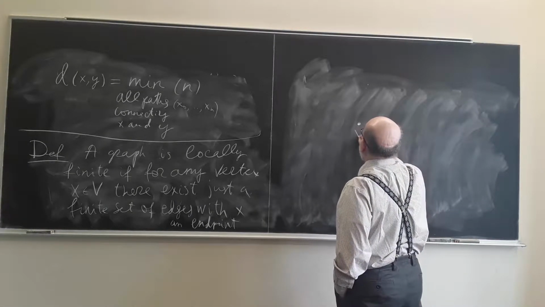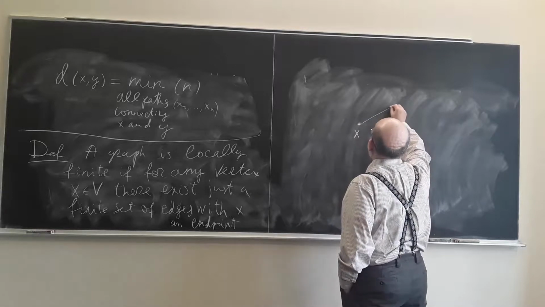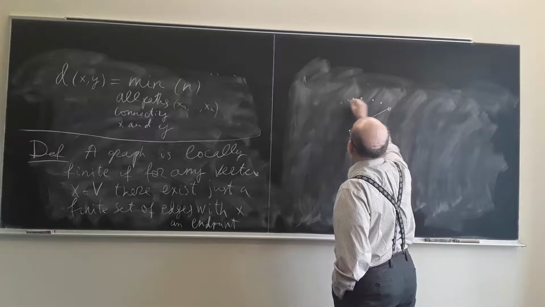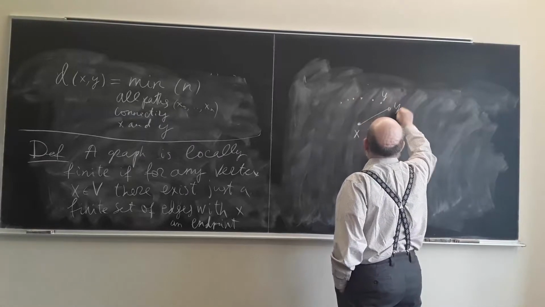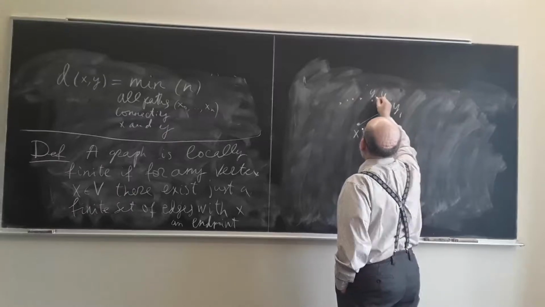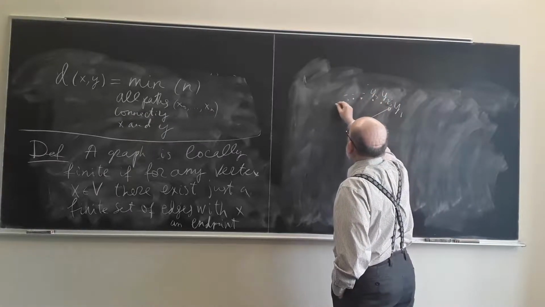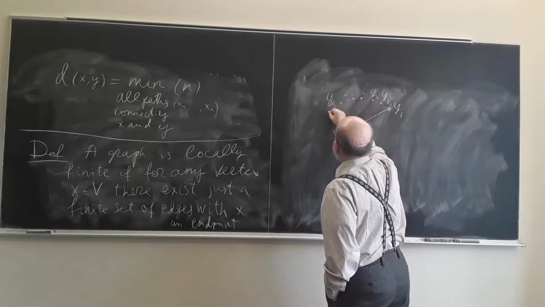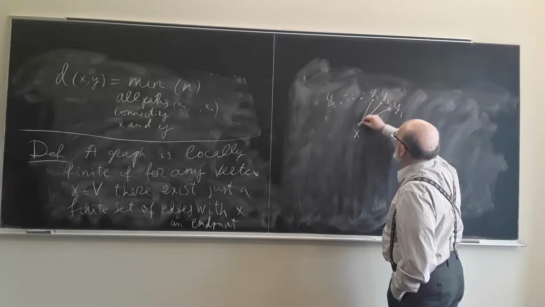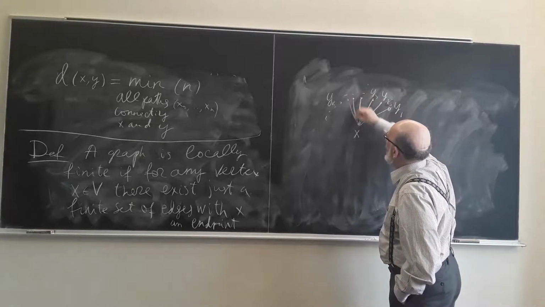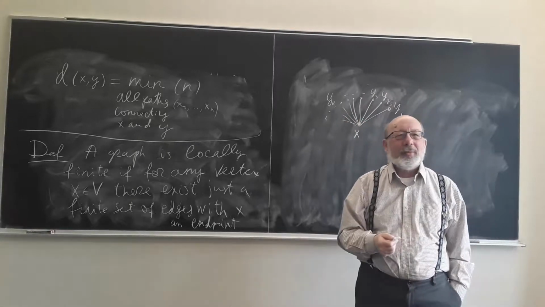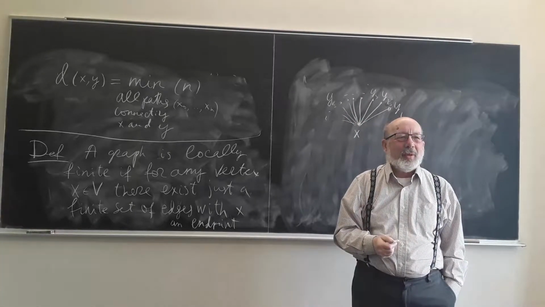We have, say, x, and a countable set of points y1, y2, and so on, yk, and so on. And we connect the point x with all these points. So this graph is not locally finite.